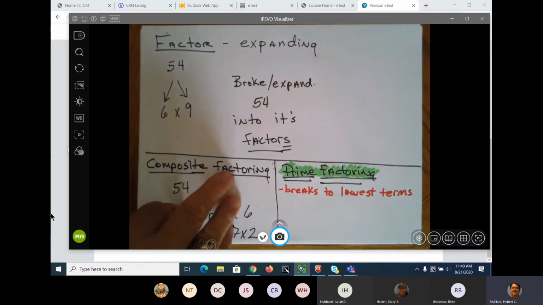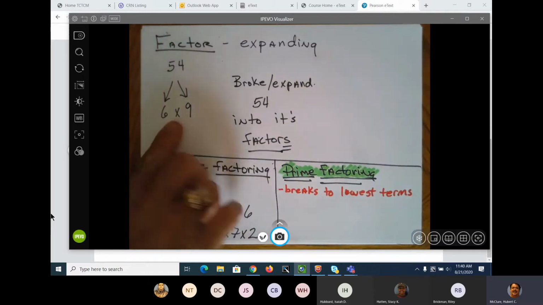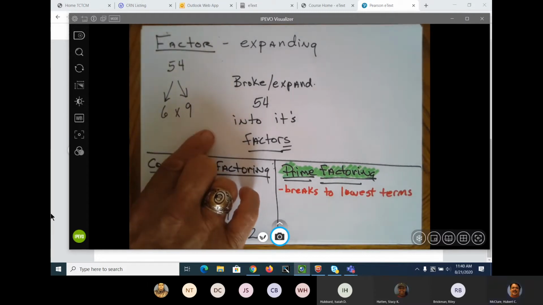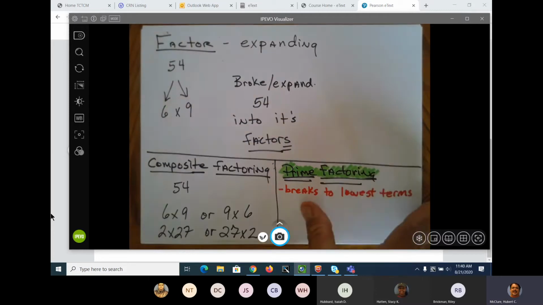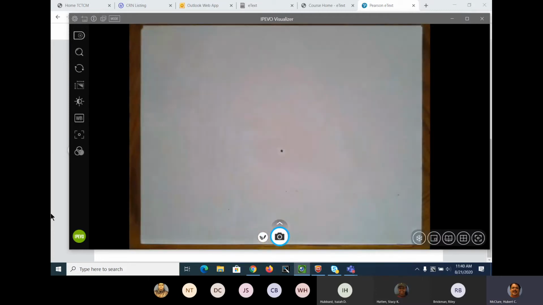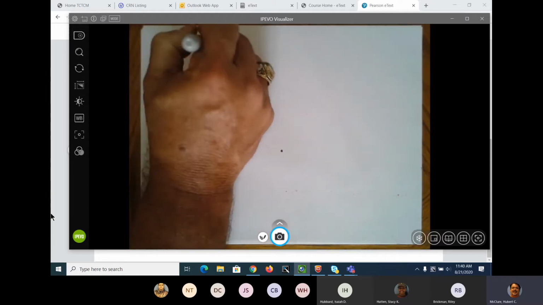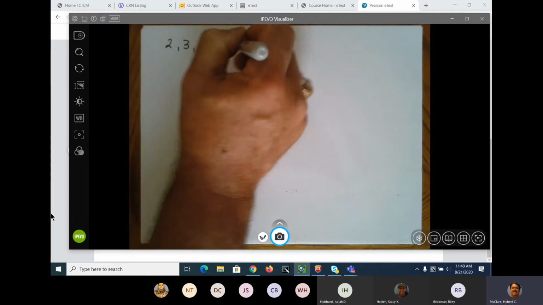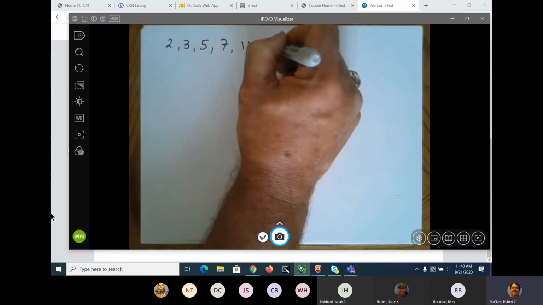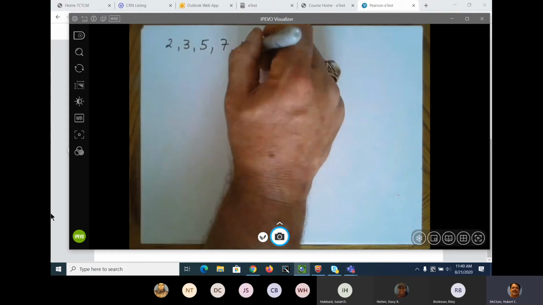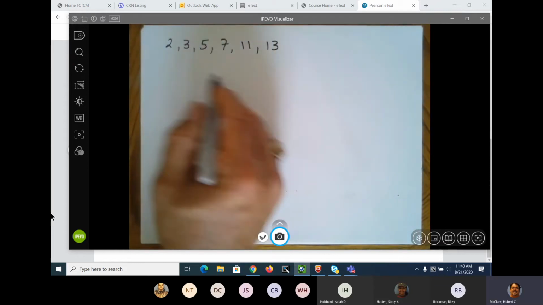So when I say prime factorization, I don't want 6 times 9. I want 2 times 3 times 3 times 3. Because here are those numbers again. The numbers that we're going to focus on: 2, 3, 5, 7, 11, and sometimes 13. 95% of the time, one of those numbers will work.